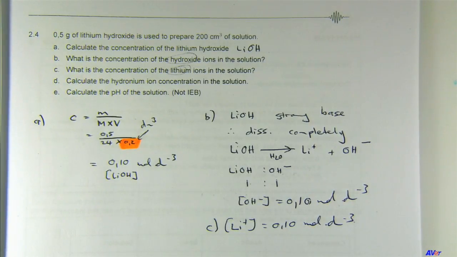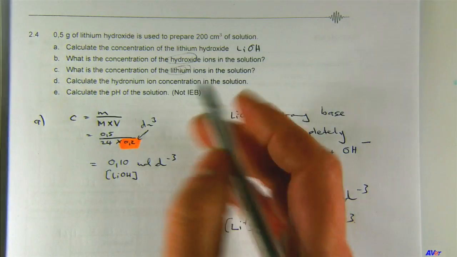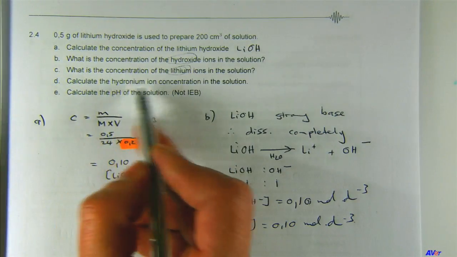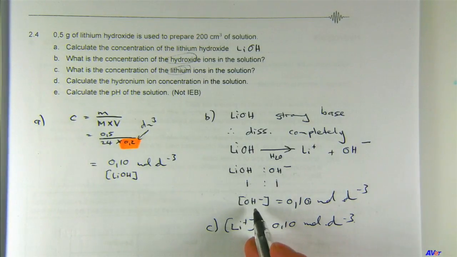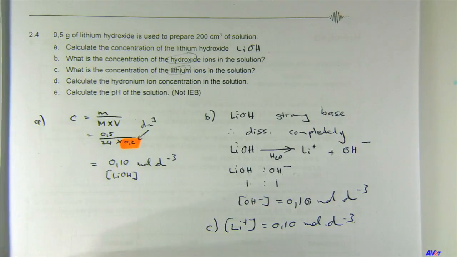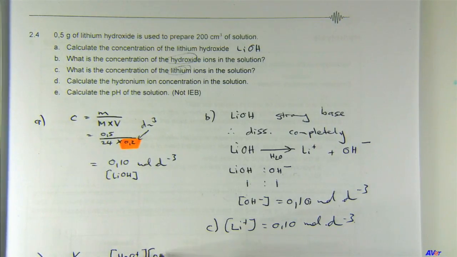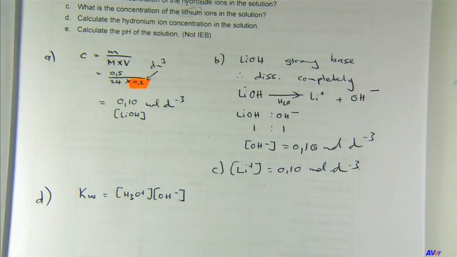Same thing. Right. Now we're up to number D, hydronium ion concentration. I've got OH minus and they're asking H3O+. How do I go from H3O+ to OH minus? Kw. Whenever you want to switch between H3O+ and OH minus, we're going to work with Kw. Now, they should actually tell you that they're working at 25 degrees Celsius.